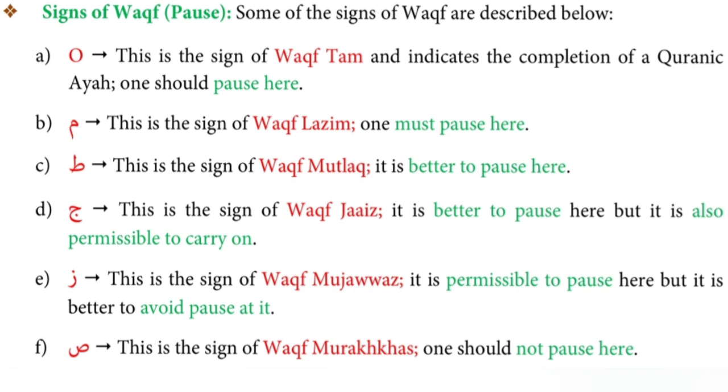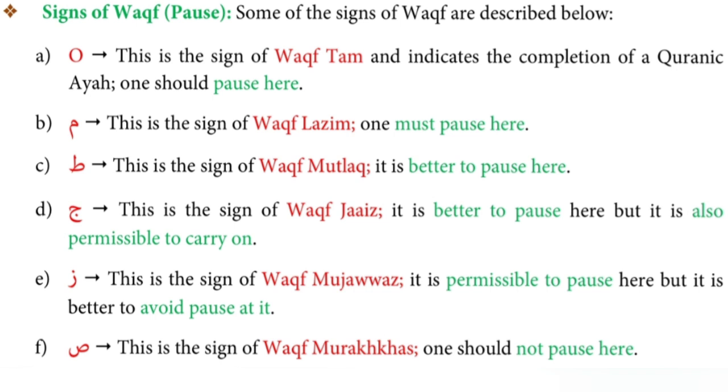Some scholars say it is better to pause, some say do not do waqf here. But if you see lam alif sign in the middle of an ayah, then do not do waqf. Do not apply the rule of waqf. Carry on reading without doing waqf.